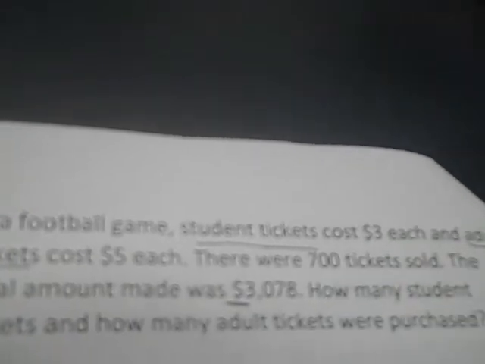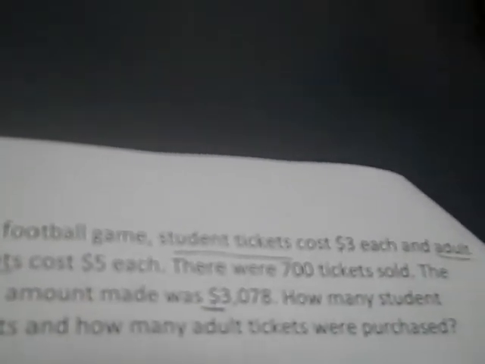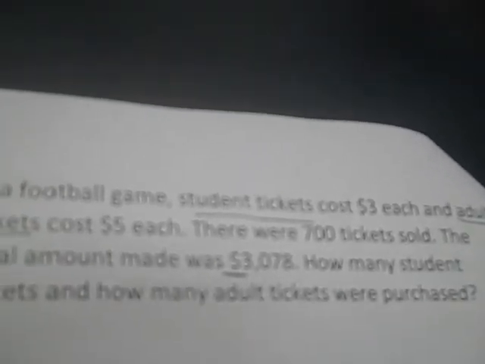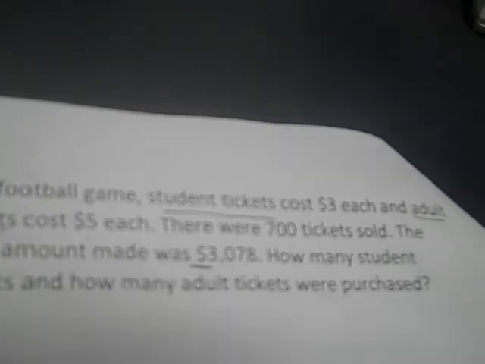Okay, next one. Again, this problem is going to be different. At a football game, student tickets cost $3 each and adult tickets cost $5 each. There were 700 tickets sold. The total amount made was $3,078. How many student tickets and how many adult tickets were purchased? Again, 3 units.